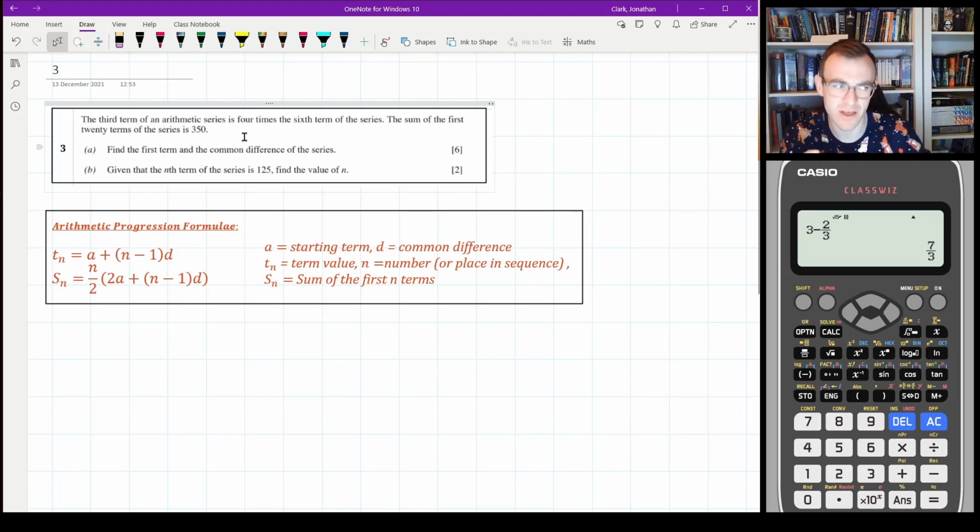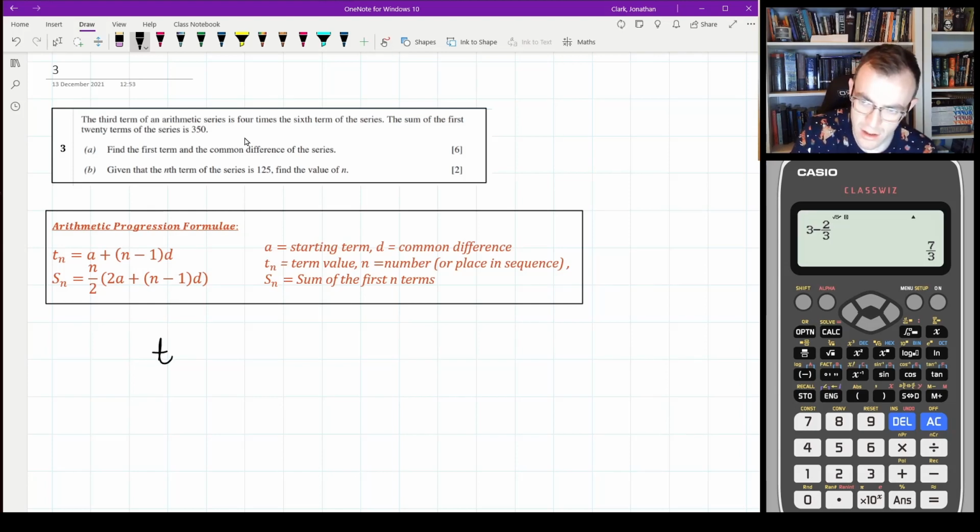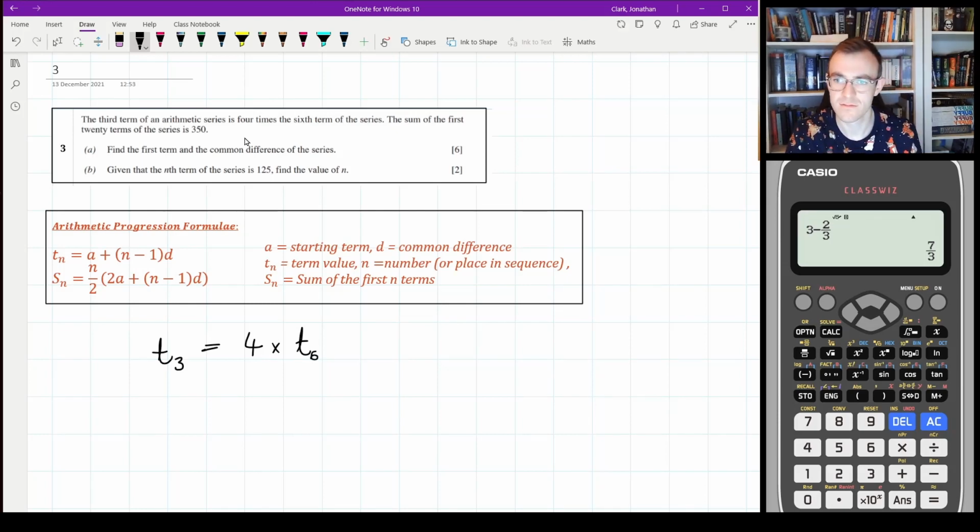Okay, so I'm going to try and formalize that a little bit. So the third term I'm going to write as T3, and it's equal to 4 times the sixth term. So if I was to times the sixth term by 4, it would work as the third term. Yeah, okay, cool. So I'm going to write in a formula for the third term.